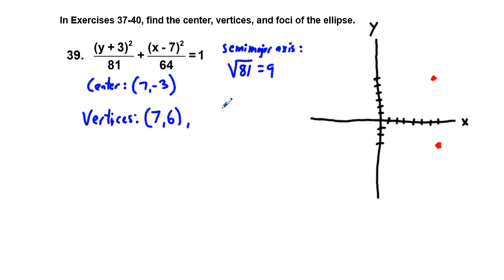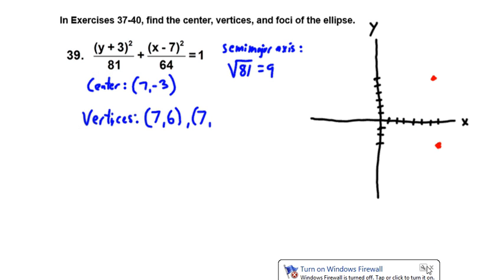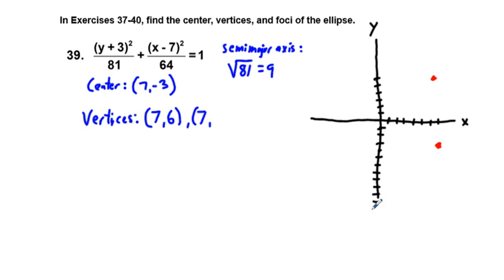It's going to be one of our vertices, and the other vertex is going to be at 7 to the right, and then down 9 from there, down 9 from negative 3. So we've got to go down 9, 2, 3, 4, 5, 6, 7, 8, 9.